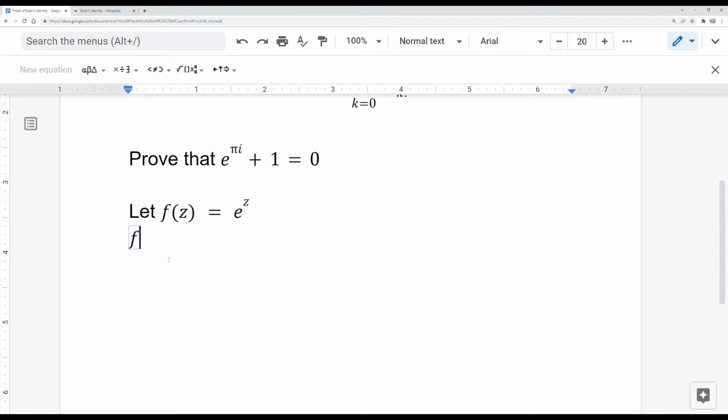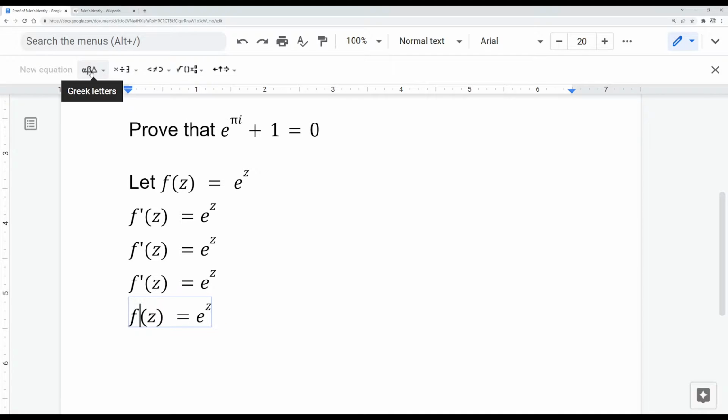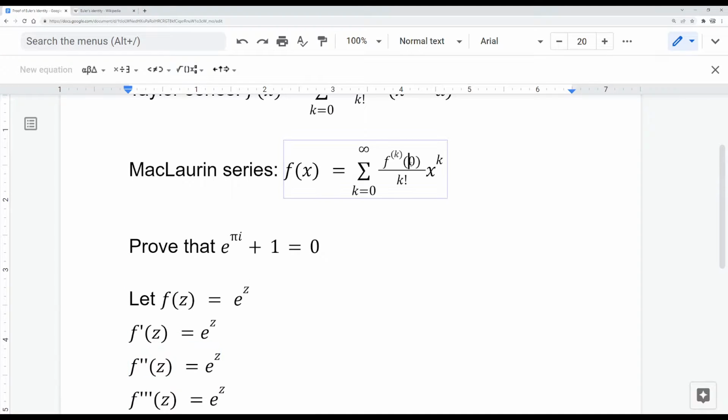So we are going to start listing this out. The first derivative, or I'll just do f prime of z, equals e to the z. And you kind of get the point from here. We're just going to do a few so you can get the idea. Basically all of this is e to the z. But remember, if we go up to the series here, we see that it's evaluated at 0.